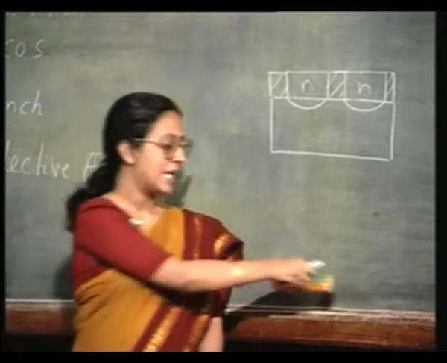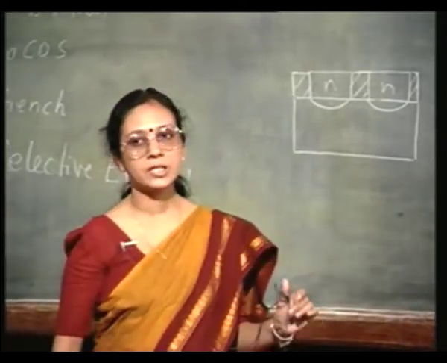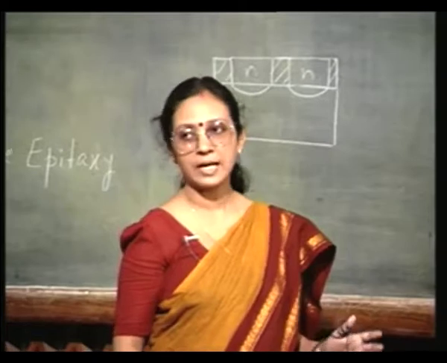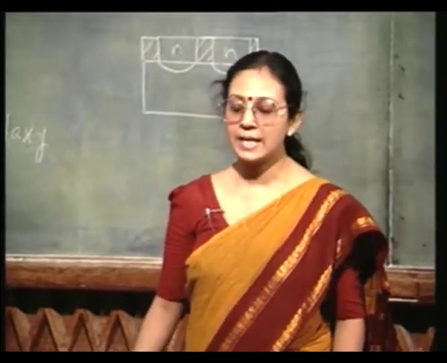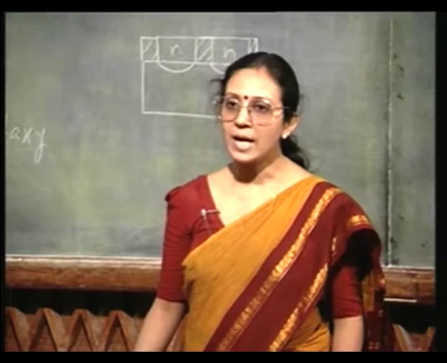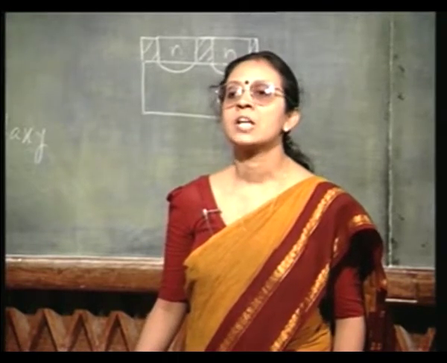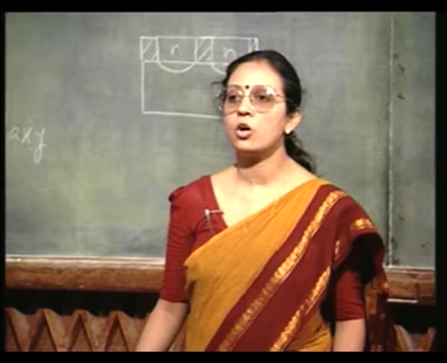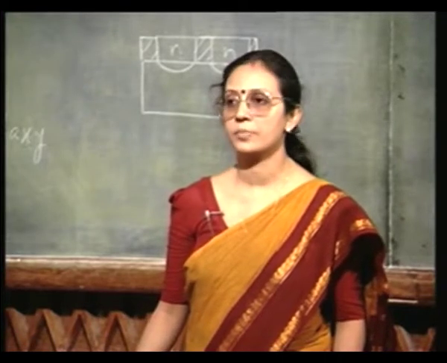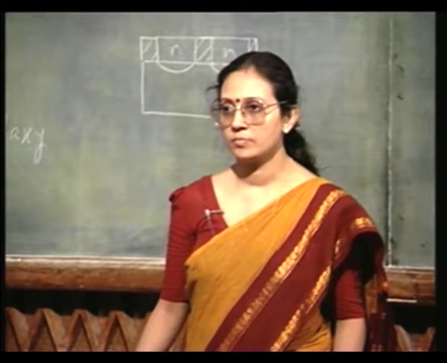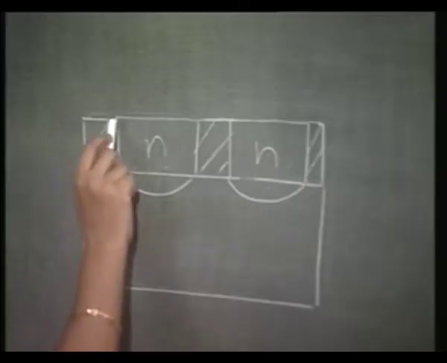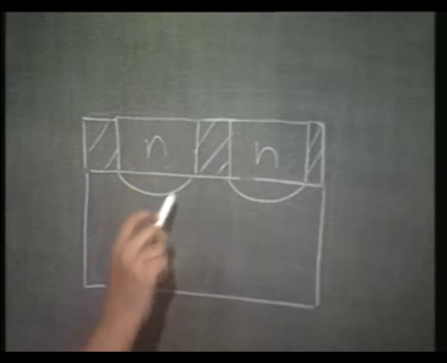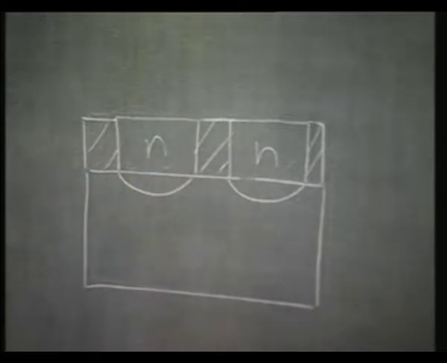Okay. And this can be done by using HCl with silane when you are doing the epitaxy. If you add HCl to silane, then the formation of silicon on silicon dioxide will be suppressed. There will be no silicon deposition on these regions, there will be only silicon deposition on the available substrate.